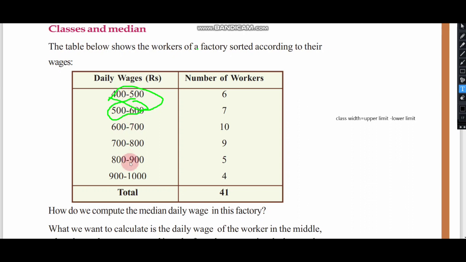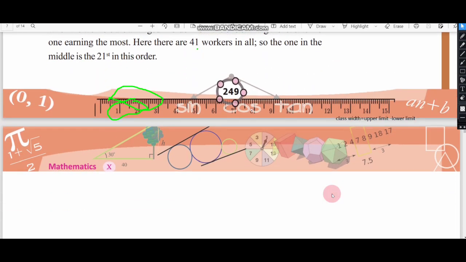In a table, the class width should be equal. In all the cases, the class width is 100. Right? 600 minus 500, 100. 700 minus 600, 100. 800 minus 700, 100. Like that. So the class width should be equal in a grouped distribution.